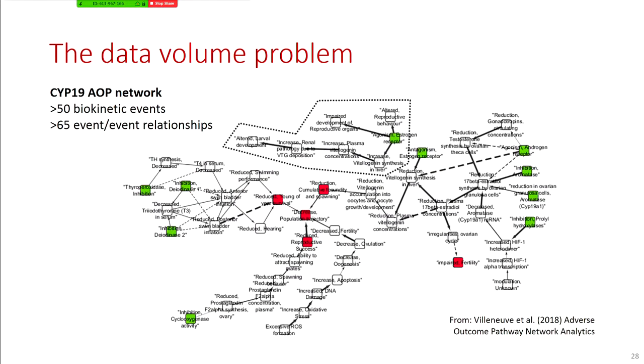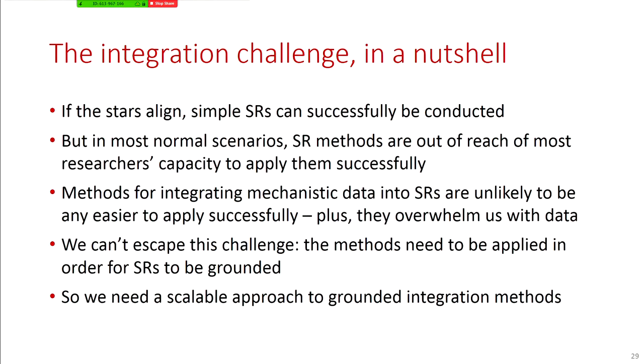Particularly when we think about the data volume problem that is implied in including mechanistic information into systematic reviews, where we've got many, many biological key events and event-event relationships which we need to analyze systematically. So the integration challenge, in a nutshell, is that if the stars align, simple systematic reviews can successfully be conducted. We know this because we see lots of them.